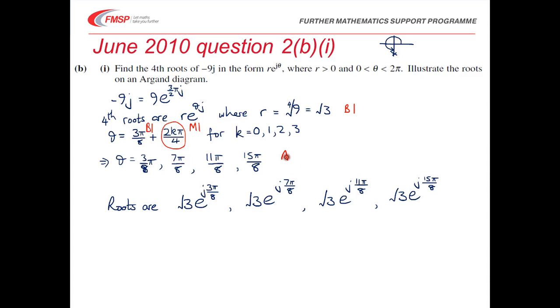And then an accuracy mark for getting the 4 correct angles. The mark scheme does in fact allow you arguments in the range minus pi to pi, even though the question specifically asks for them between 0 and 2 pi. They're quite lenient on that.